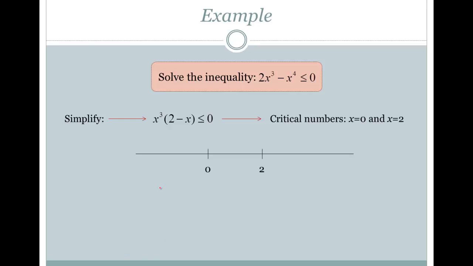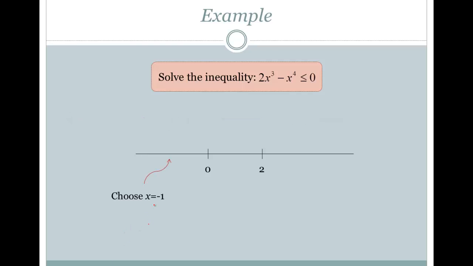Now I need to pick a number over here in this interval, one in here, and one in here, and see if this is true or not. Well, an easy value to pick over here is -1.